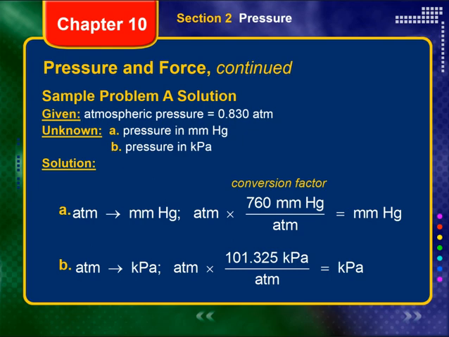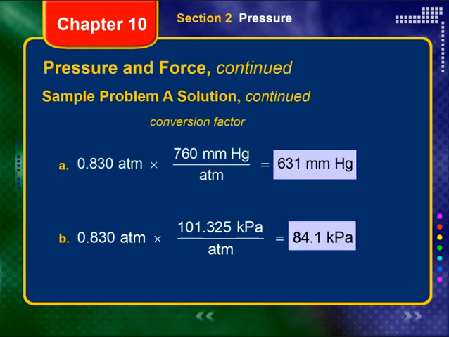We also just defined 1 atmosphere as 101.325 kPa. And so we have conversion factors that allow us to convert from this given atmospheres into millimeters of mercury and into kilopascals. And so when we plug in the values that we're actually given, it's very, very simple. Even more simple than the stoichiometry that we've already covered in Chapter 9.